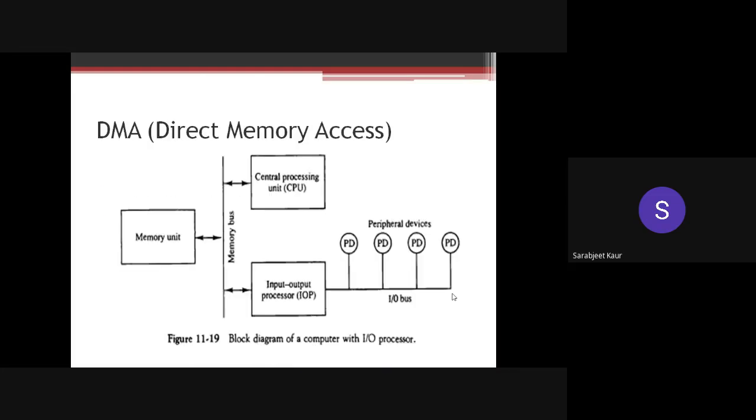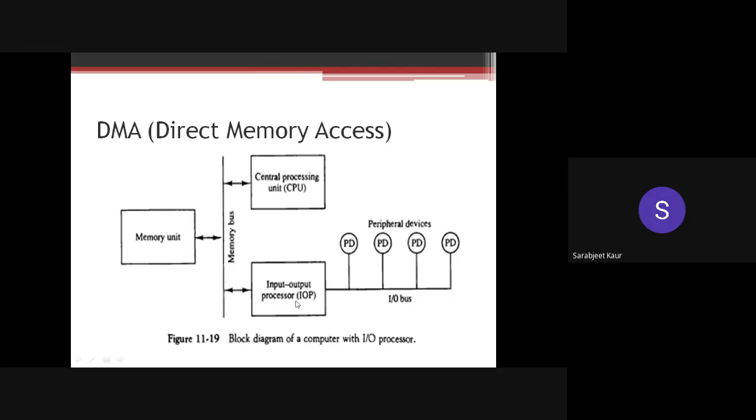So in DMA, what we do is we employ what is known as an IOP. IOP stands for Input Output Processor. Now, as the name suggests, this is a complete processor in its own right. What do I mean when I say this is a complete processor?